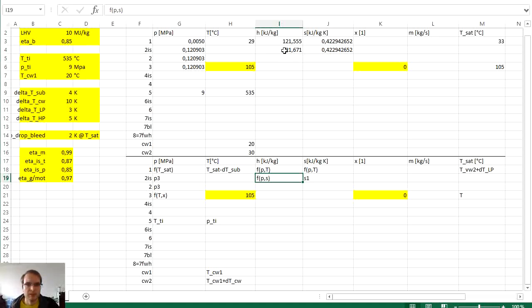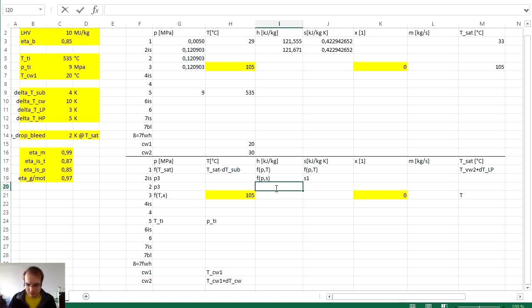Now, since we have the isentropic enthalpy change, we know that the real enthalpy change is higher due to the efficiency of the pump.